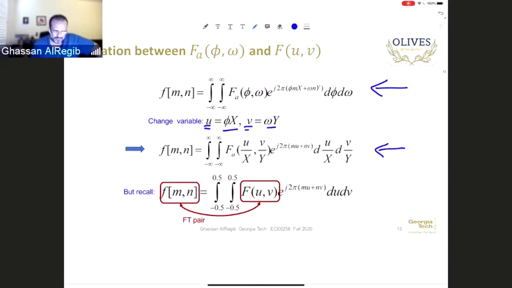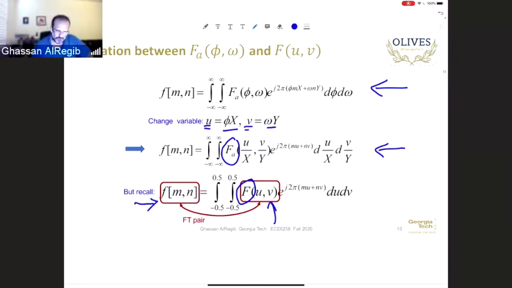Now, if I remember from last time, we discussed the Fourier transform and the inverse Fourier transform. I could write f of m and n as a double integral using the Fourier transform of the digital signal. So remember, this is the analog Fourier transform, and this is the digital Fourier transform, meaning the Fourier transform of the analog signal and the Fourier transform of the digital signal.